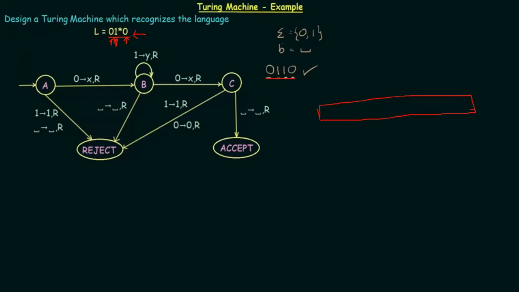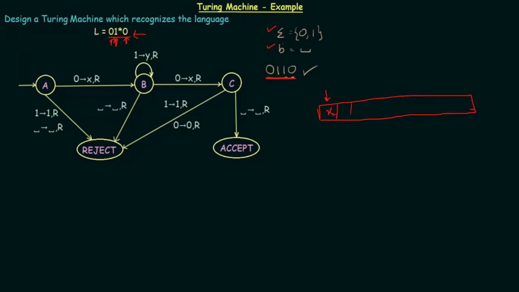We have 0 and 1 as accepted symbols or input alphabets, and we also have the blank symbol. So first of all we are at A. Now we are checking for 0110. First, I will apply 0 on A, and what I am going to get is a small x.